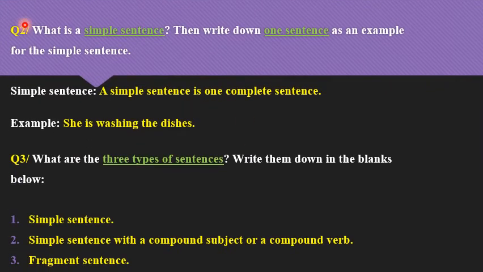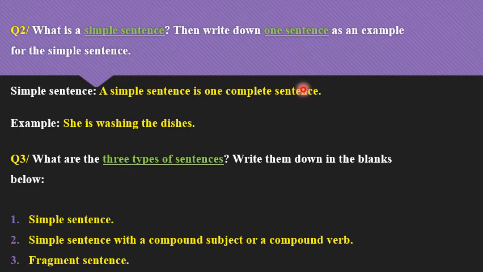Question 2. What is a simple sentence? Then write down one sentence as an example for the simple sentence. So of course, what is a simple sentence? You're going to give me the definition. And the answer is in yellow. Keep that in mind. A simple sentence is one complete sentence. This is the simple, short definition of a simple sentence, okay?